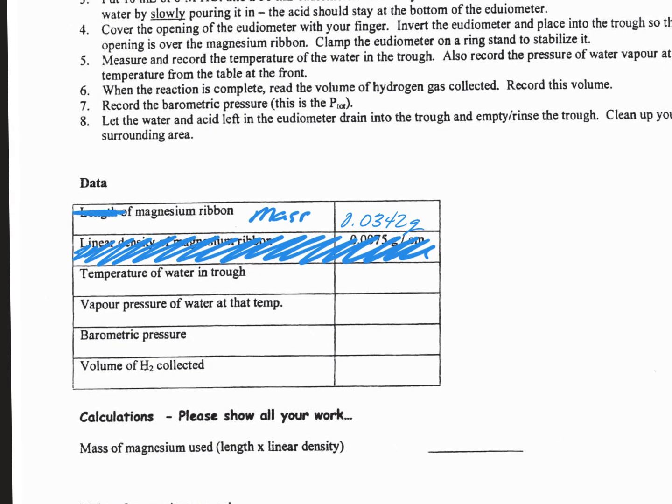The other data that was taken, the temperature in the water tank was 21.2 degrees Celsius. The barometric pressure was not given, but I'm going to give it to you right now, 97.4 kPa.